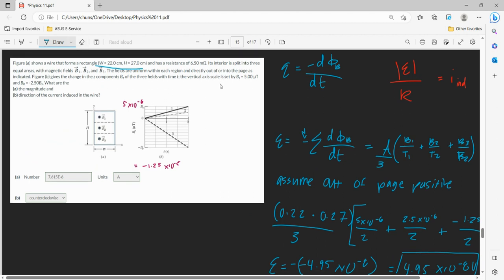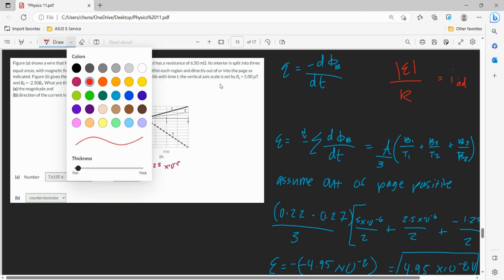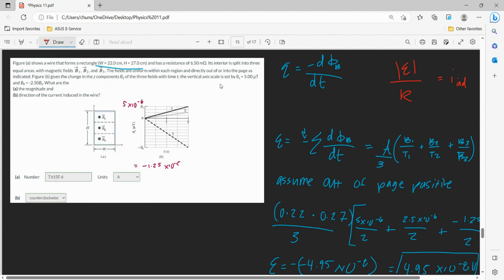So now we're going to take that value, going to work with our equation in red now, and when we divide it by our resistance, which is equal to 6.5 times 10 to the negative 3, this is equal to negative 7.615 times 10 to the negative 6 amps, and it just wants the magnitude, so we can just get rid of that negative sign.